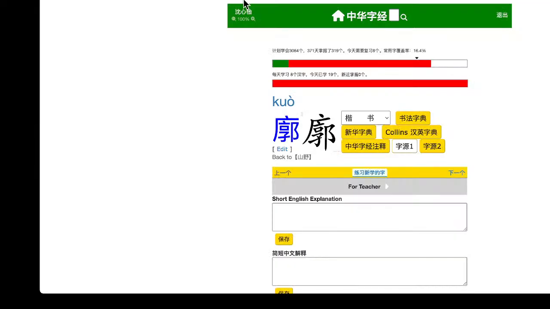Now 郭 means outer city, the outer city that surrounds the central city. So this means big and sparse, that kind of thing.